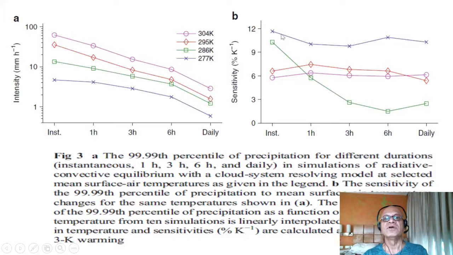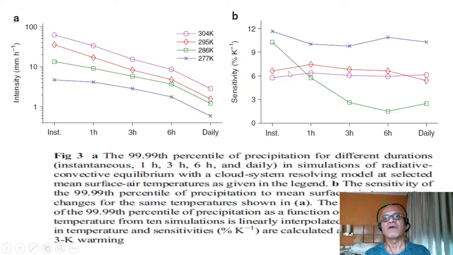For example, 277 has the highest sensitivity, so at lower temperatures the sensitivities are higher. As I said before, at warmer temperatures on land, for example, there could be moisture limitations for driving extremes. So you can see that the 304 here has somewhat lower sensitivity around Clausius-Clapeyron, and 295 is somewhat similar, and that seems to be kind of the threshold where you switch.